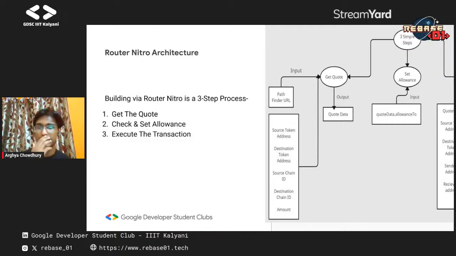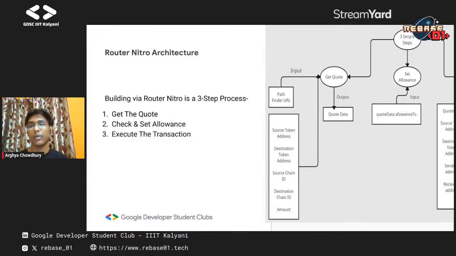Once you're done sending it, now comes the part of check and set allowance. This is more of a configuration and confirmation part, where you are actually confirming and configuring the whole transaction.